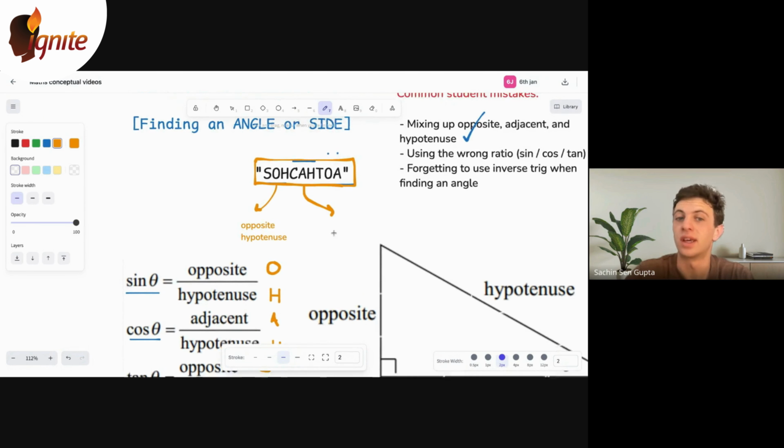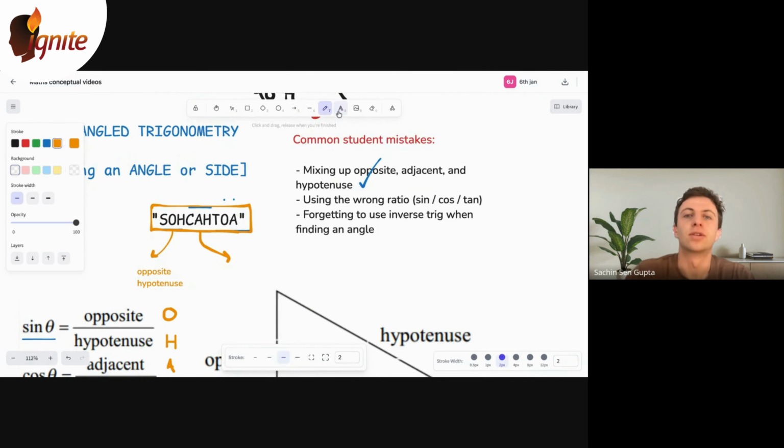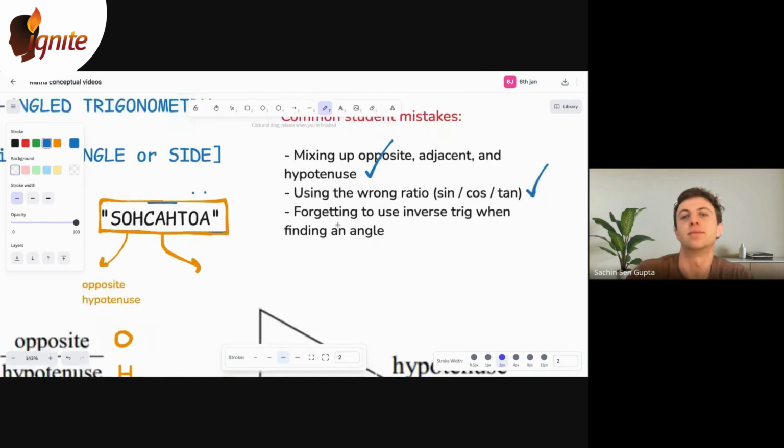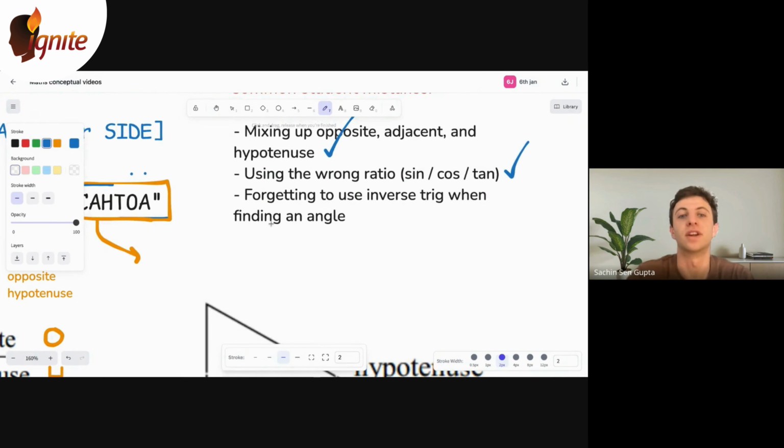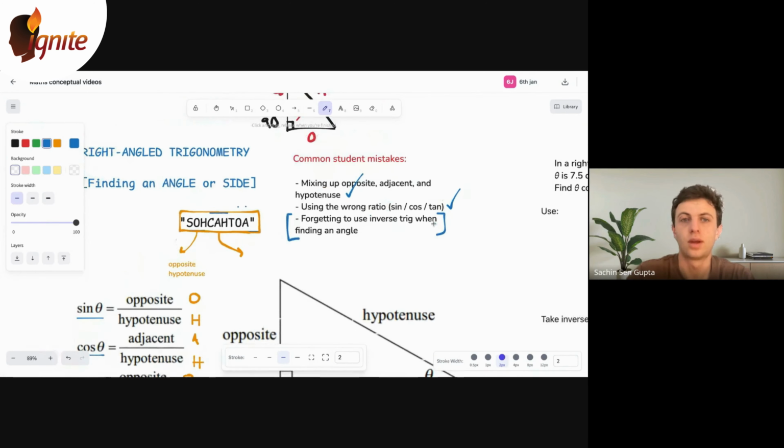You can use this mnemonic or you can have these ratios here. Those are some tactics to stop using the wrong ratio. And then some students will forget to use inverse trig when we find an angle. For this one, we'll go to the question. We're going to do one question finding an angle and one finding a side.